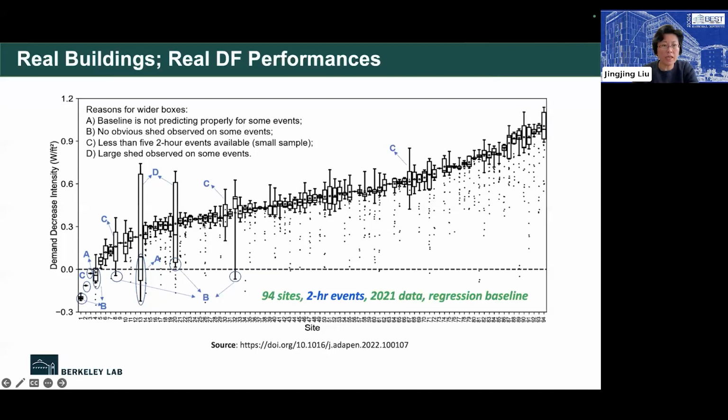So each of those box plots, each column, represents a building, and each of the dots represents a 2-hour long DR event.